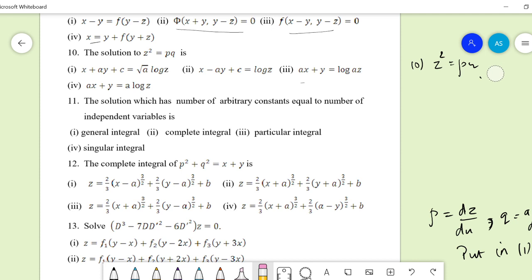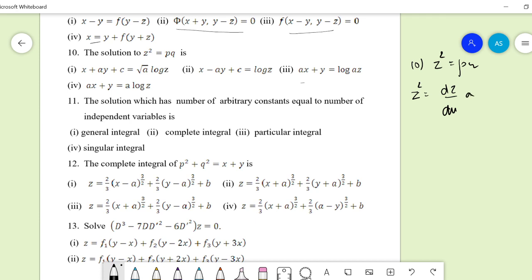In place of p, dz by du, in place of q, a into dz by du. z square equals dz by du times a into dz by du. z square equals a times dz by du the whole square.